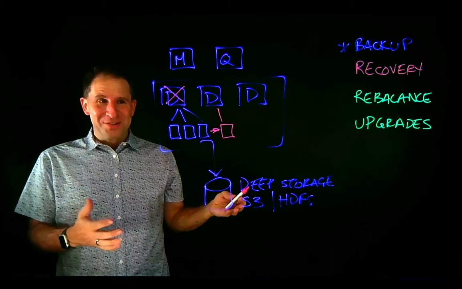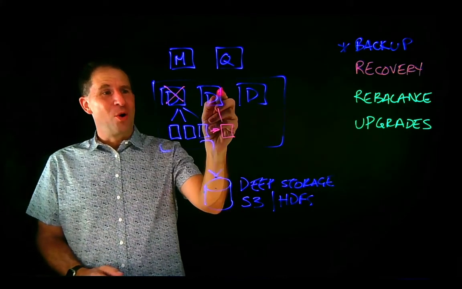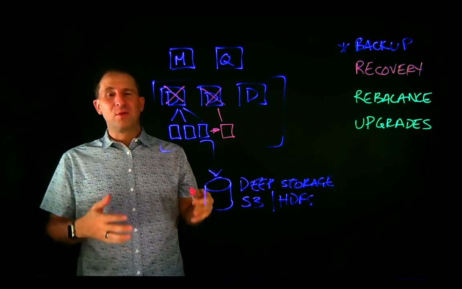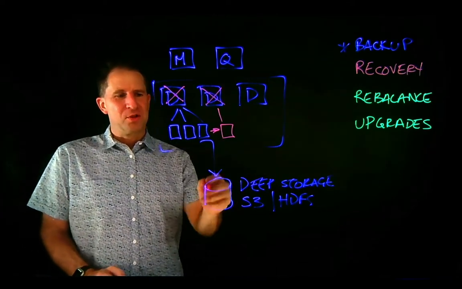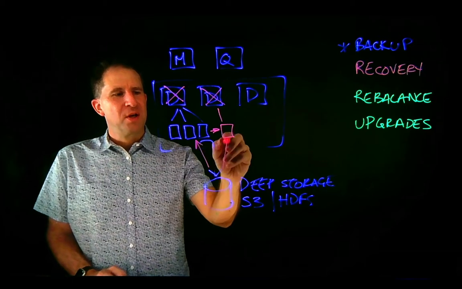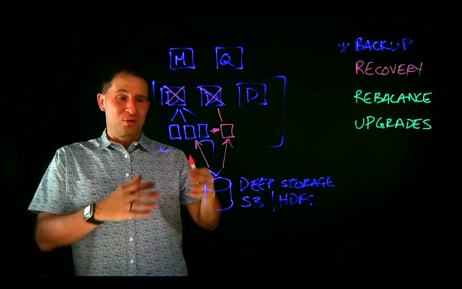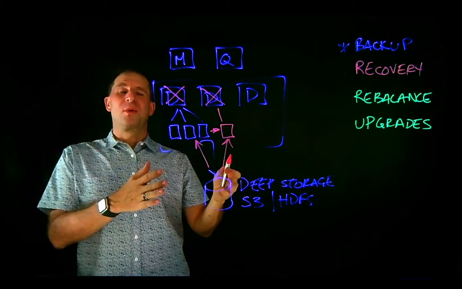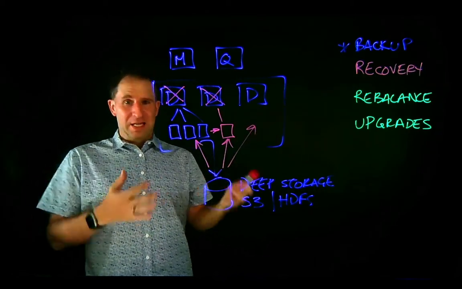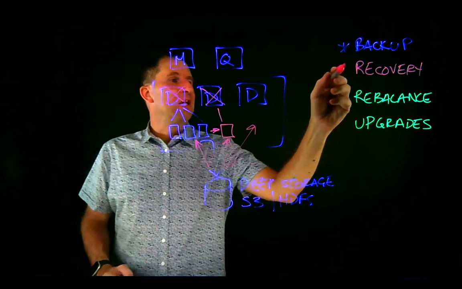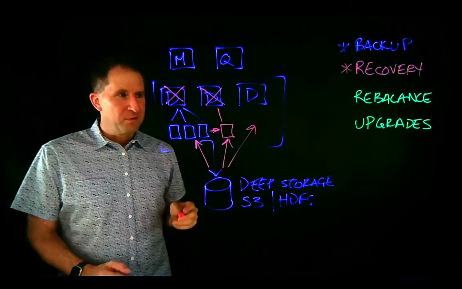But what happens if you lose more than one data node? You also lose this data node. So now we have a real crisis on our hands here. Well, this is when our deep storage layer comes to the rescue, and we can rebuild those dead data segments, rebuild what was on those dead data nodes on whatever's left on the other data nodes, and keep going. So this is how we achieve automatic recovery.